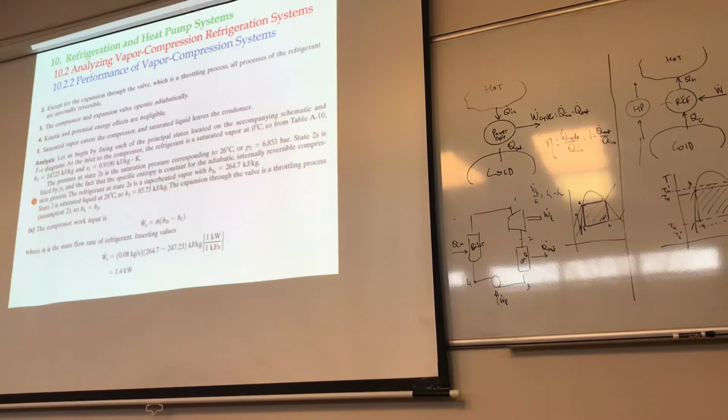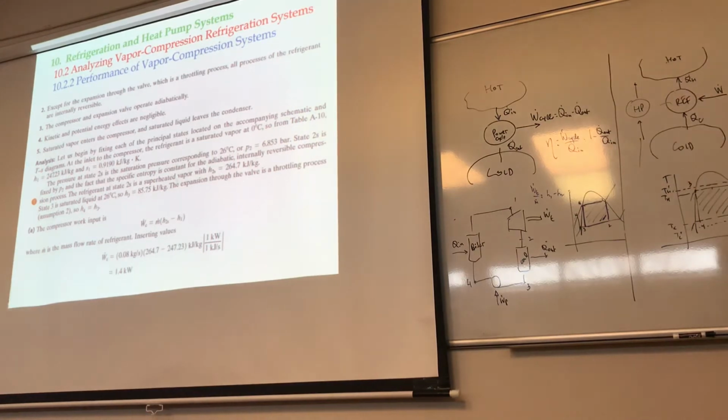Okay, so at the pressure at state number 2, we don't know the temperature of state number 2 because we are not within the dome, you know, to say we are there, right?